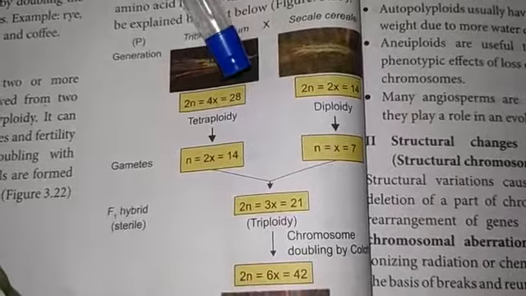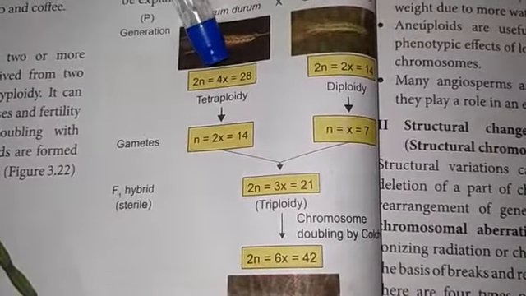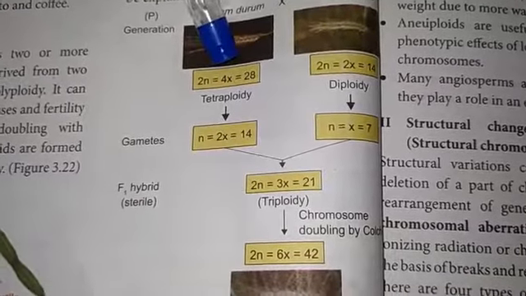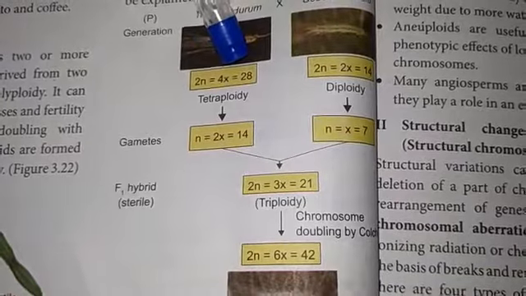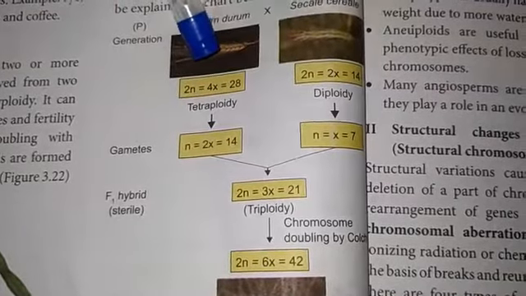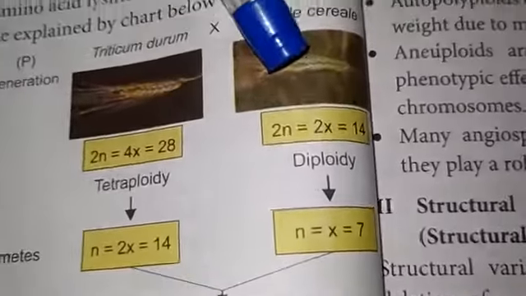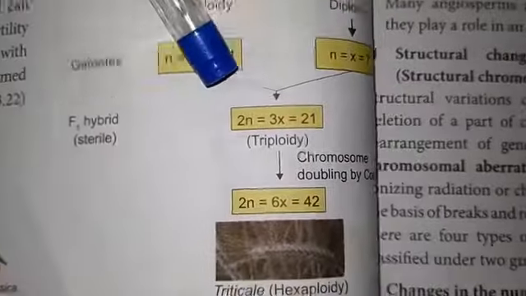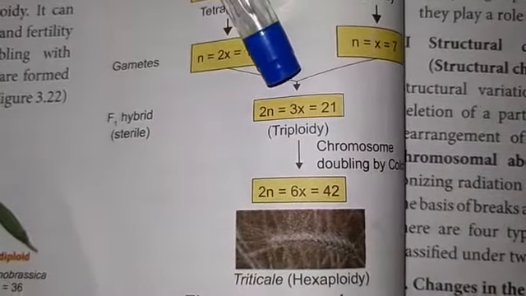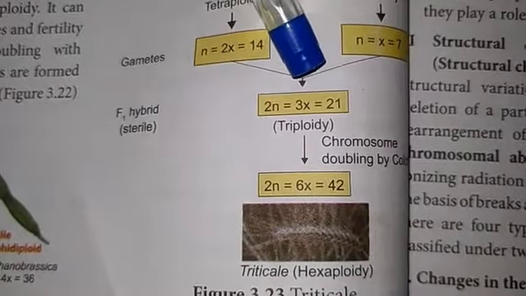The tetraploid wheat, Triticum durum, is commonly called macaroni wheat, and diploid rye is crossed. In the F1 generation, it gets a triploid 21, that is triticale, which is a sterile plant.